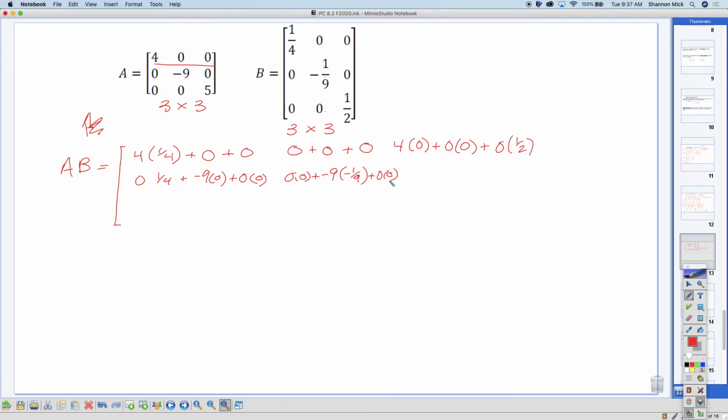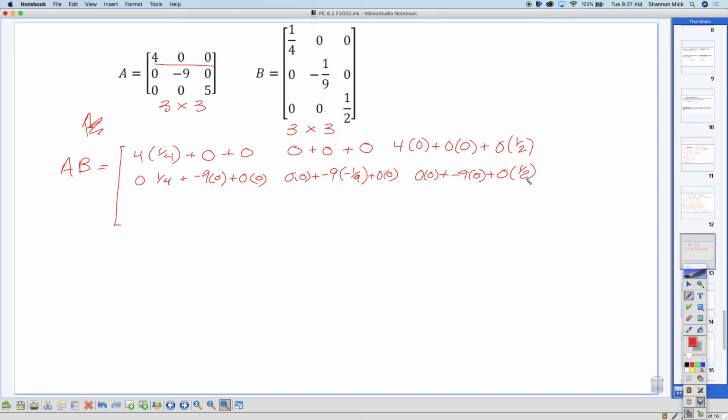See how those zeros will just start being zeros instead of 0 times 4, right? And then I'm going to take 0 times 0 plus -9 times 0 plus 0 times 1/2.